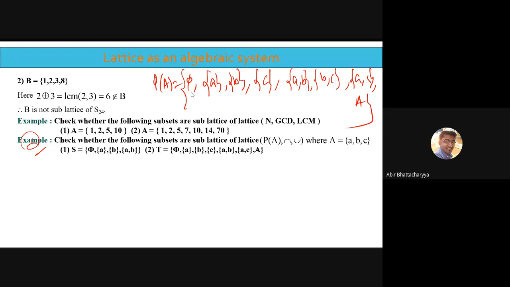All right, good. Matthew said that S is a sublattice. Yes, correct. S is a sublattice of PA.